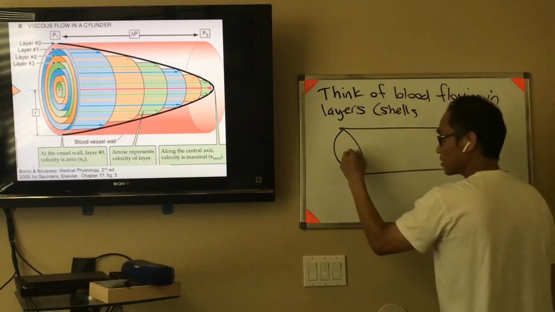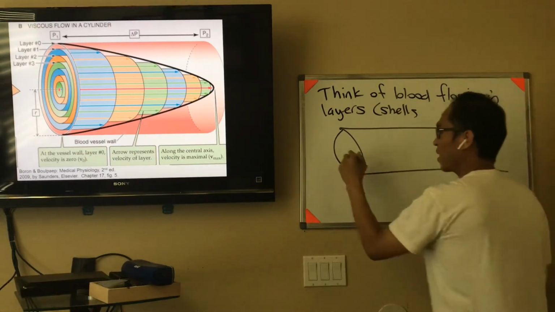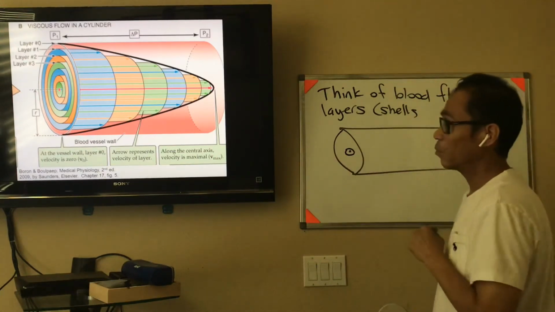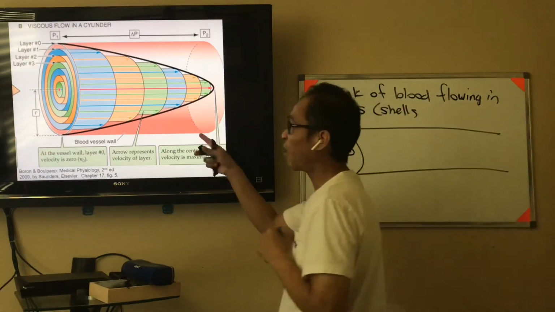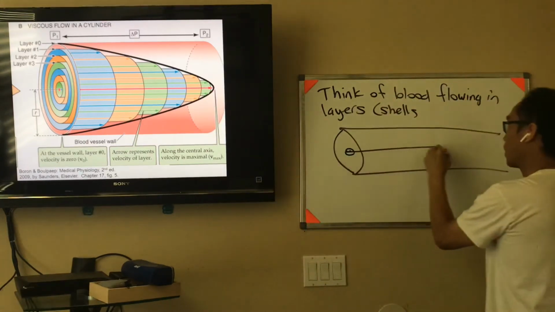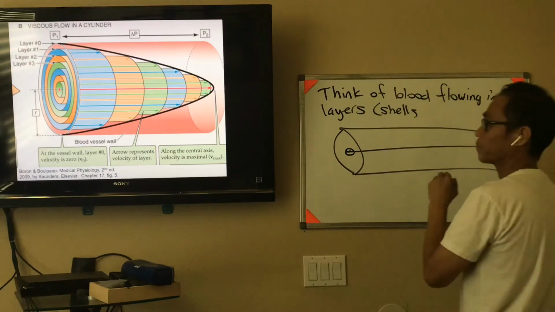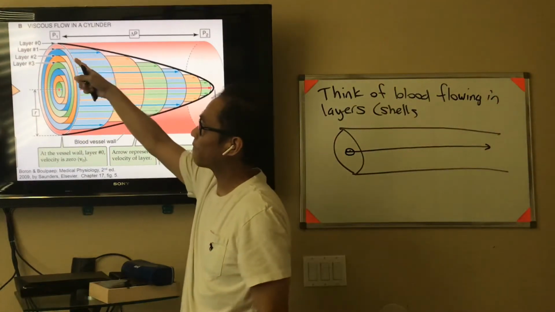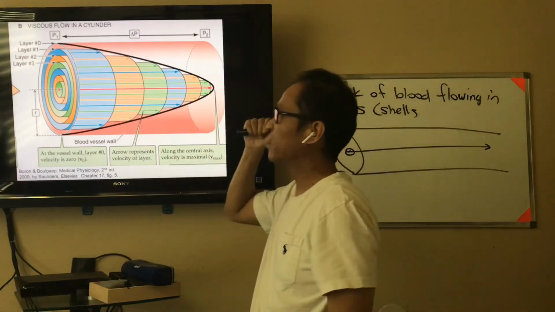There's a perfect center, okay? And the centermost layer, which is not in contact with the vessel wall, has the fastest velocity of blood flow, okay? Now, layer 0 is the vessel wall itself, but that first layer, layer 1, has the most friction.